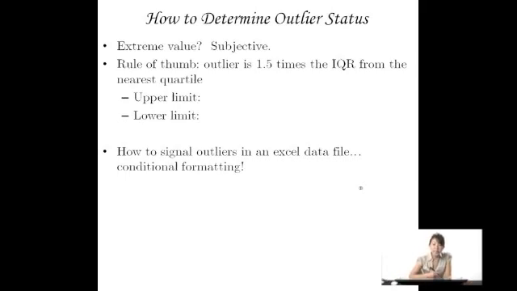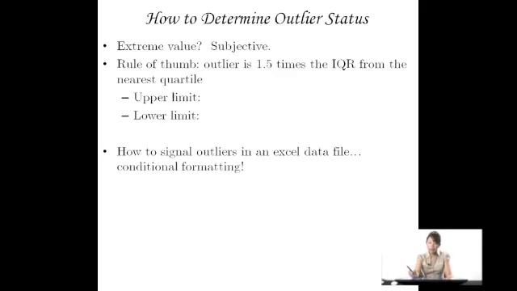Now, how do we determine whether we have outliers in our data set? Well, outliers are simply extreme values, but that's a really subjective way of defining it. How do we know how extreme? Who defines extreme, right? Well, we have a rule of thumb in statistics. Typically, we determine outliers by saying that an outlier is 1.5 times the interquartile range from the nearest quartile, right?